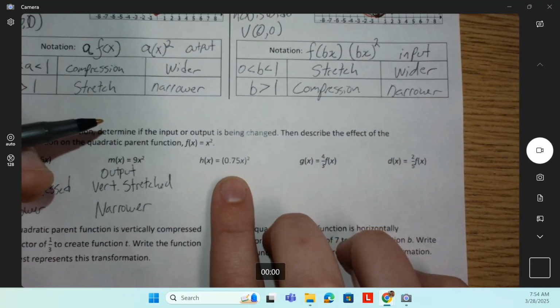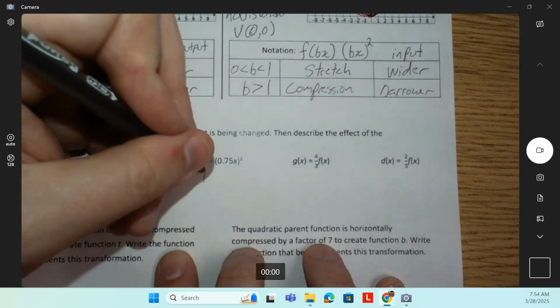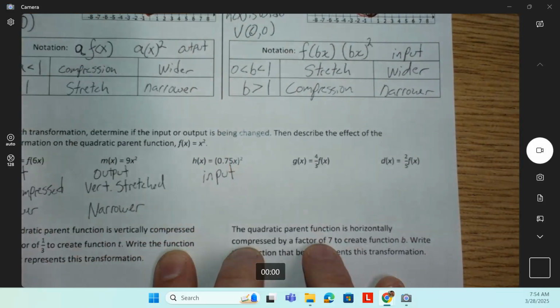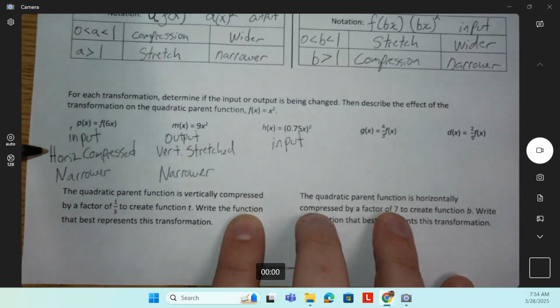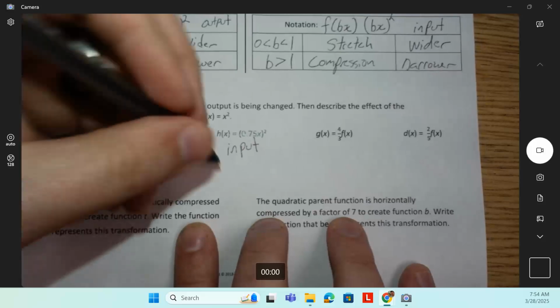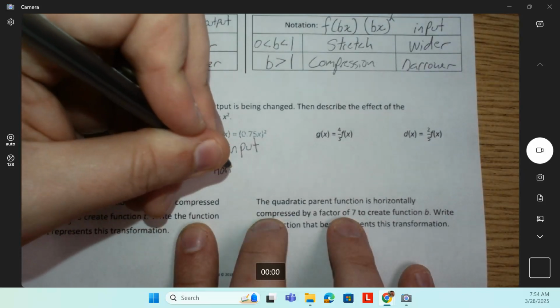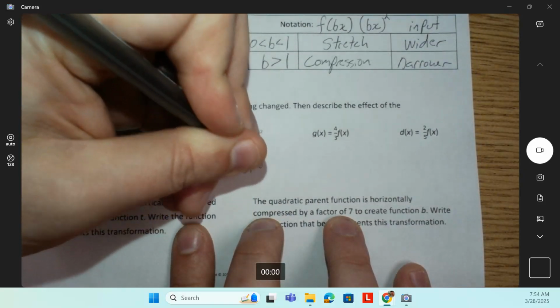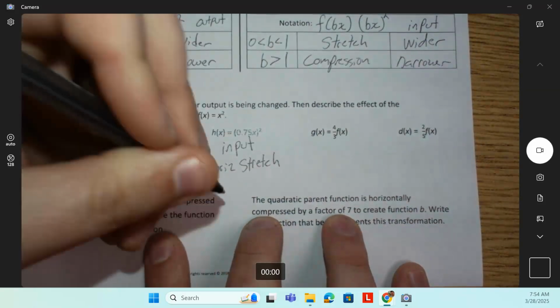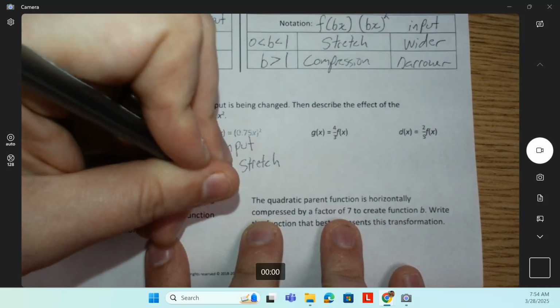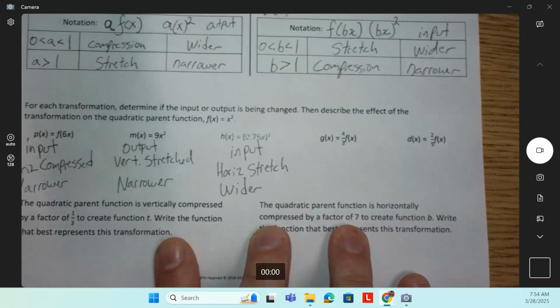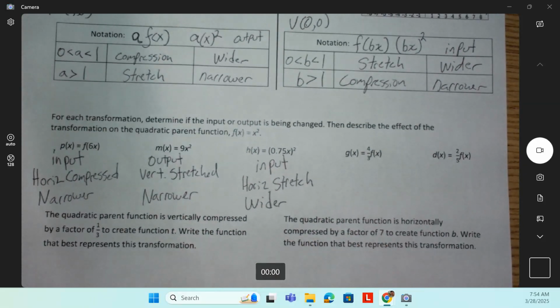Here we've got a number less than 1 for the input. And so that's just going to do the opposite of what we had here. So horizontally stretched, which is going to end up making it wider. So you've got some examples on that and some practice with it. And then we'll be looking at taking it and using it with more than just that.